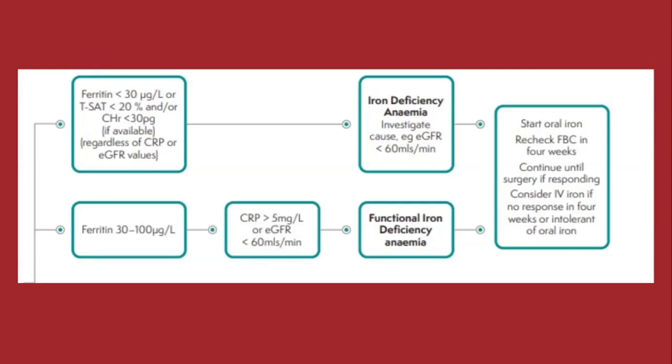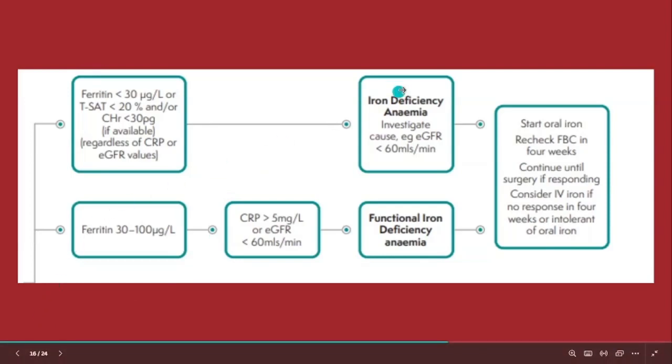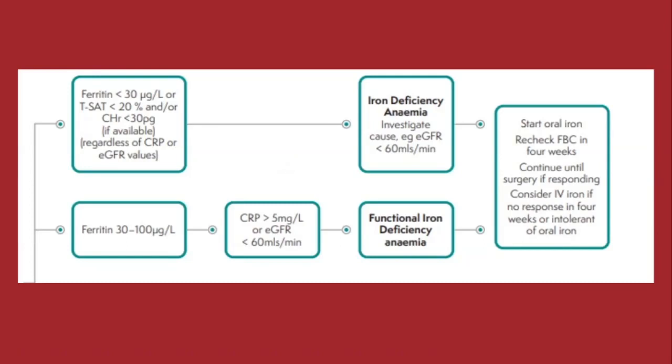Once you identify that, you will start the treatment that we'll be discussing later. If you have a patient with a ferritin level between 100 and a patient with low renal function, you can suspect a functional iron deficiency due to chronic renal failure.